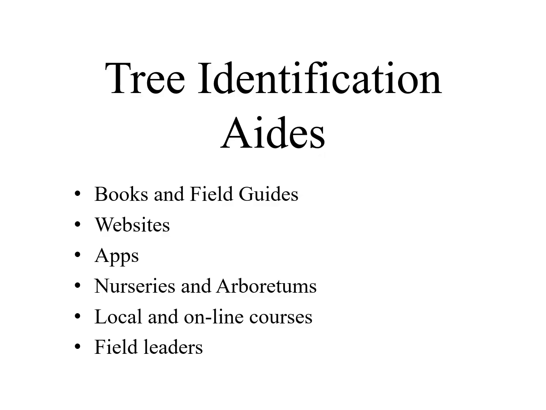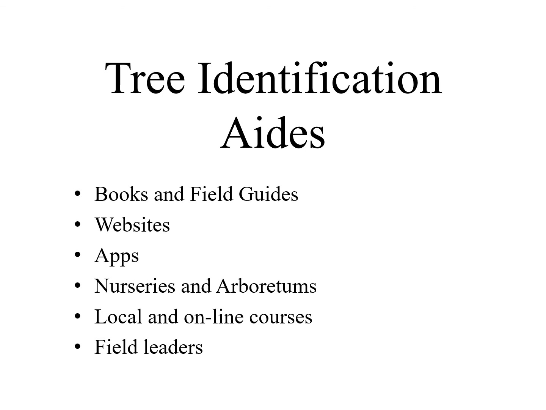There are certain tree identification aids that might be helpful for you to obtain if you haven't already. Of course, there are a wide variety of books and field guides and a number of websites, including the Virginia Tech Dendrology site. There are a number of apps that you can download on your smartphone, and of course you can always go to nurseries and arboretums as a way to train your tree ID skills.